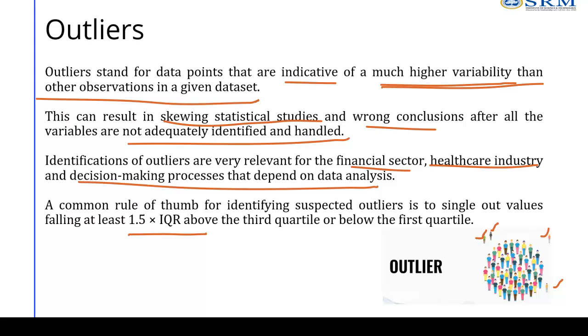That is, values above the third quartile or below the first quartile. When a value is above the third quartile or below the first quartile by that margin, you term that value an outlier. Let us now see how an outlier can be identified.